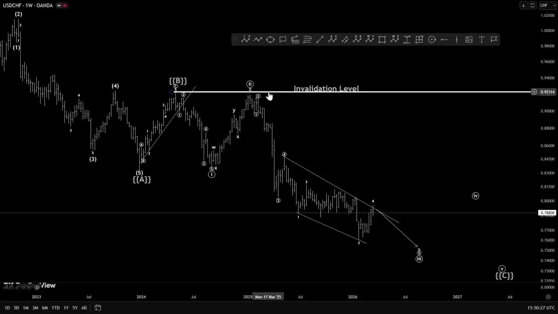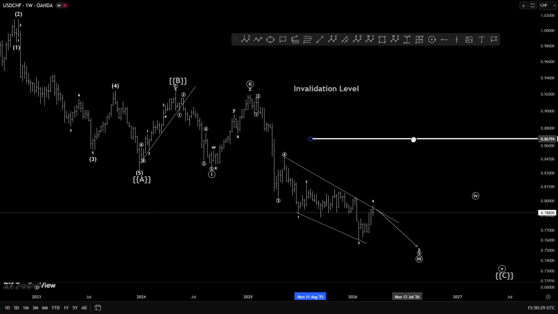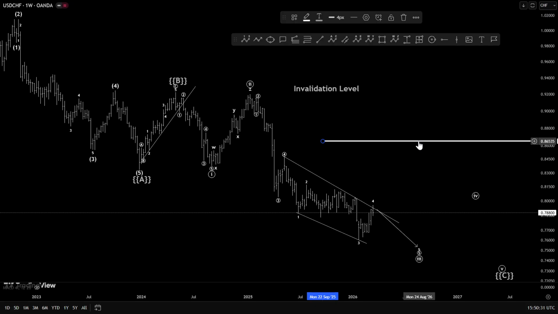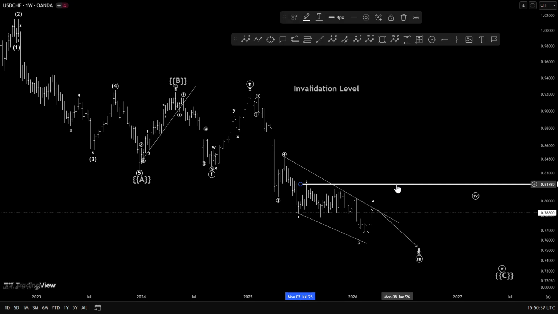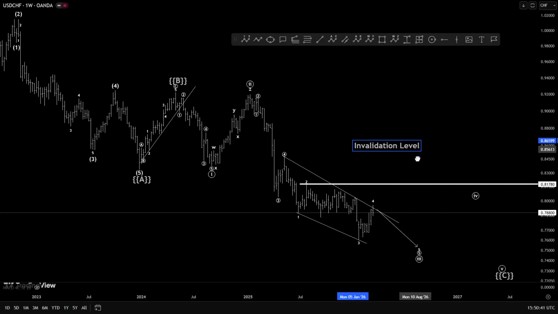And you should know that the rule of a diagonal is that wave 4 cannot break the end point of wave 2. If this is to be a diagonal, we should put our validation level here, for us to know if our diagonal is correct, because it's not about you just trading any way you like.